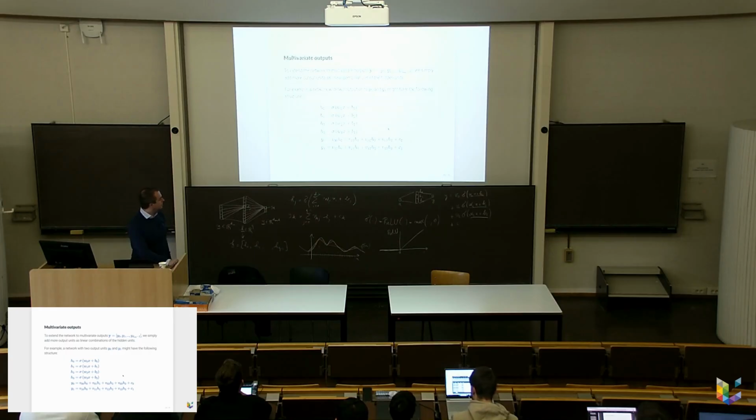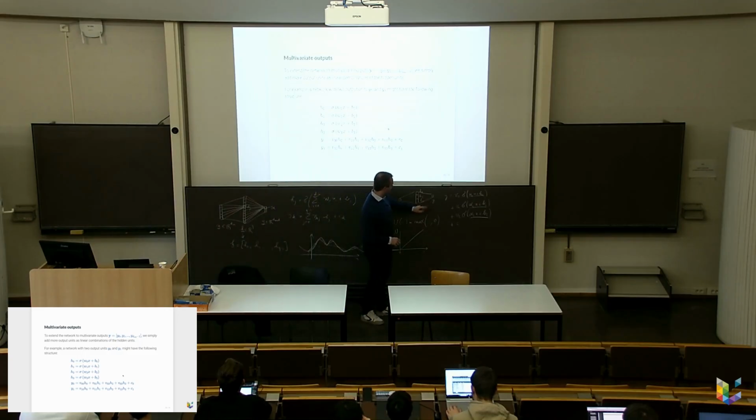Okay. Now let's make this neural network a bit more complicated just to see how we can obtain this generic one. So the first extension of the one input, one output neural network is to consider the case where we would like to predict not one, but 2, 3, or as many as we want output values. Okay?